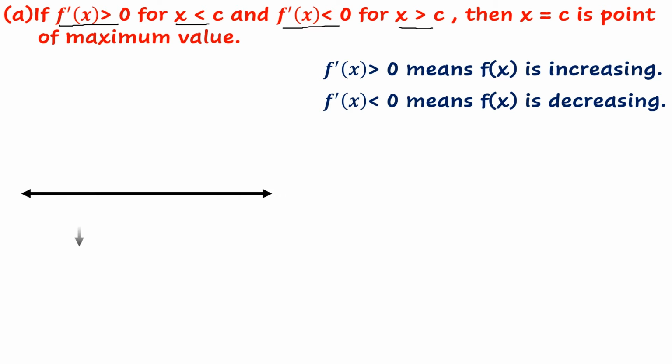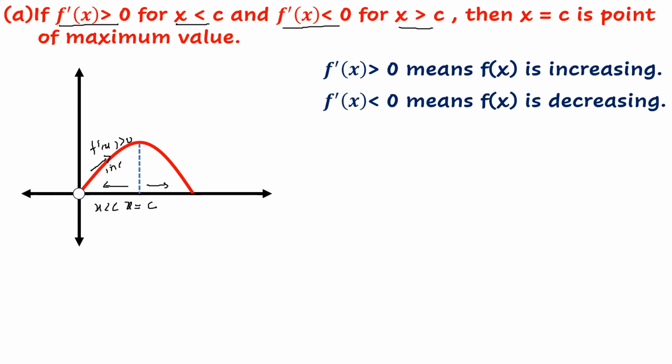Now let's draw a certain portion of a curve. Suppose this point is x is equal to c. Now we check the behavior of this curve on left of c and on right of c. When x is less than c, we see that the function is increasing, that is its derivative is positive. So f dash x is positive when x is less than c.